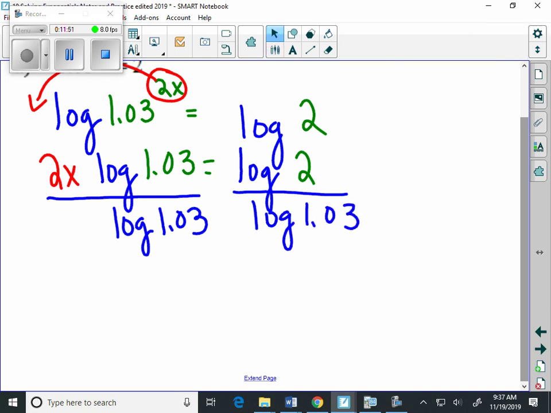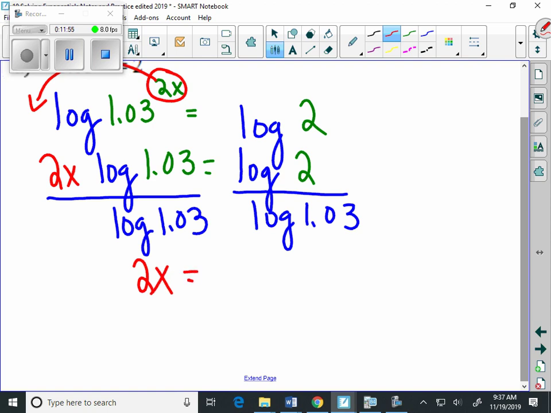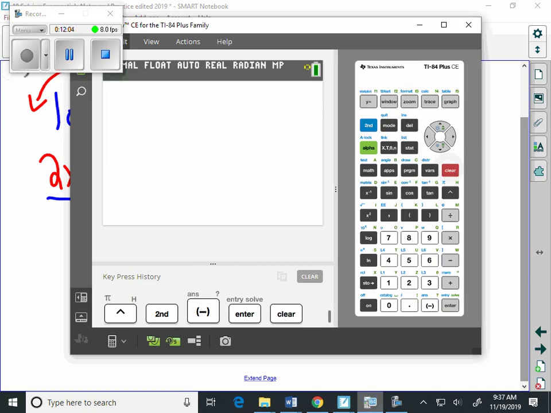And what we're left with over here is 2x equals, and let's type it in our calculator. Don't delete the value once you type it in. So again, we're typing in log of 2, close the parentheses, divided by log of 1.03.